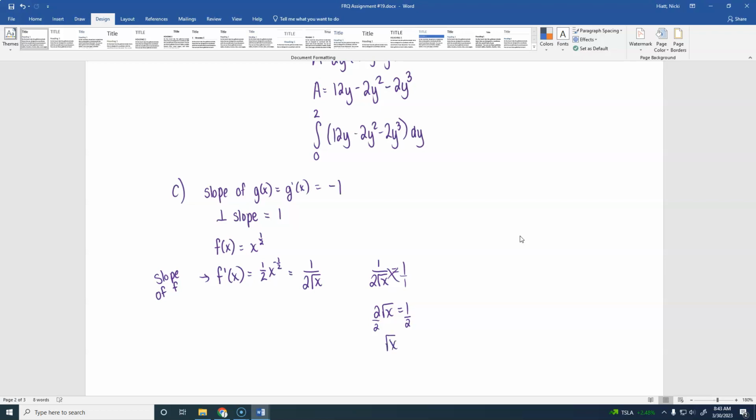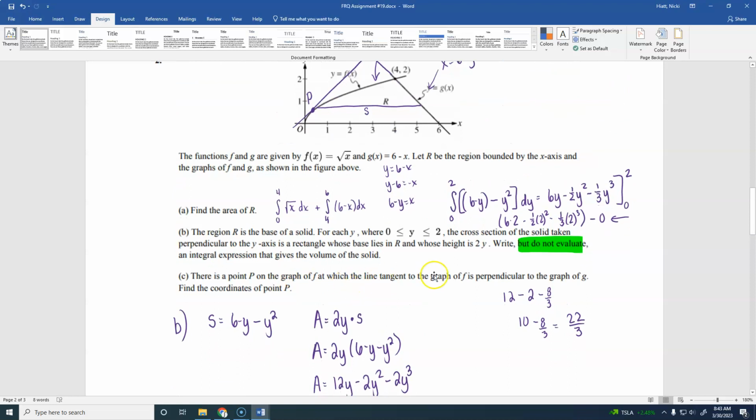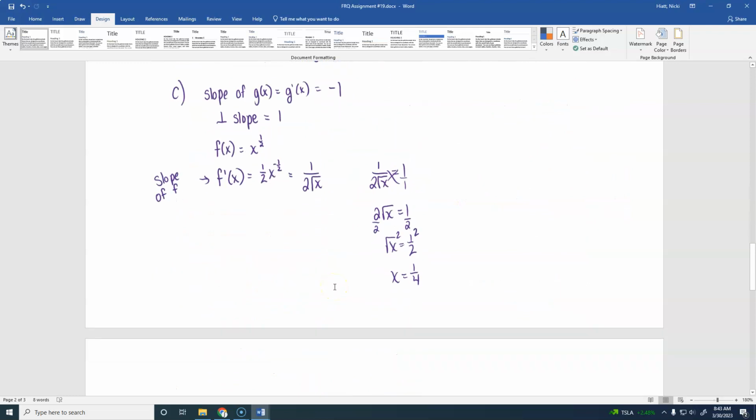So the square root of x would equal 1/2, and then I would square both sides. So x would equal 1/4. Did it ask for the x coordinate or the point? Point. Yeah. Find the coordinates of P. So you need x and y. So there's your x coordinate. So P is at 1/4.